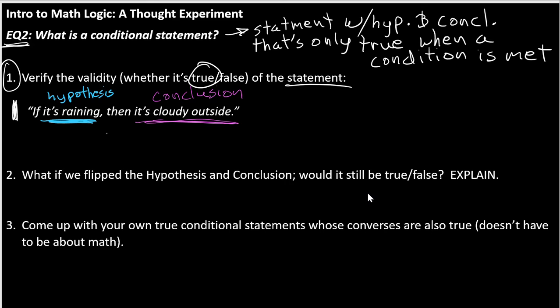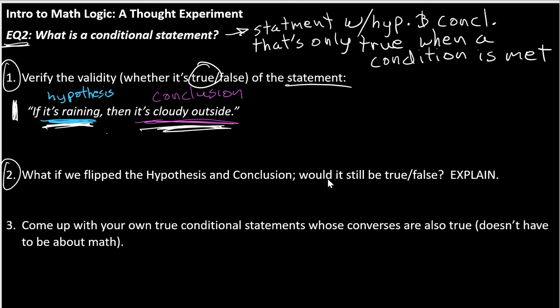So in this case, for it to be raining, it has to be cloudy outside. The condition that's met is that it's cloudy outside, right? So if you walk outside, it's raining, and there are in fact clouds, which obviously there would be, right? That is the condition that's met for this whole statement to be true. Okay, so that's what we're getting at there.